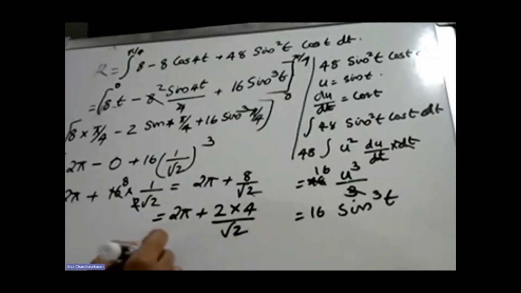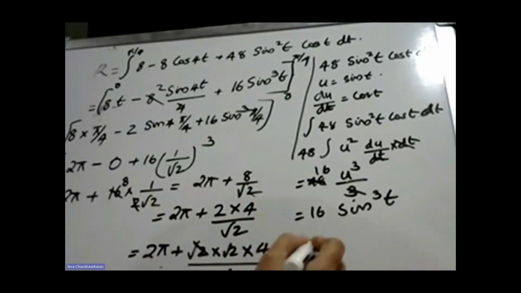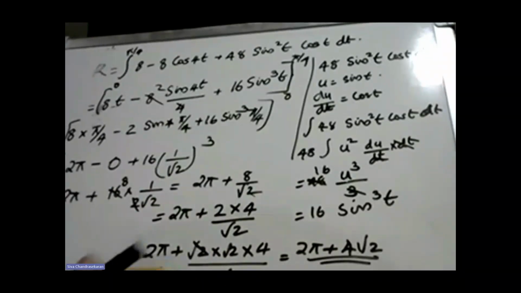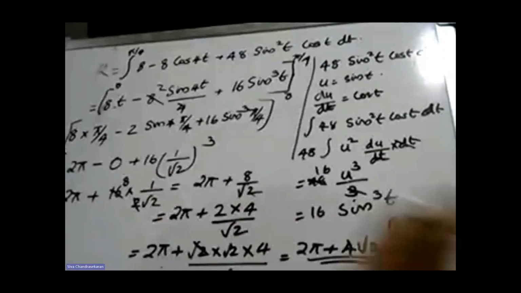I can write 2 as root 2 times root 2, the square of root 2, so 4 times 2 over root 2. One root 2 gets cancelled, so what remains is 2 pi plus 4 root 2. Is this clear now? Root 2 times root 2 is 2, the square of root 2. Yes, thank you. Root 2 square is 2. Okay.